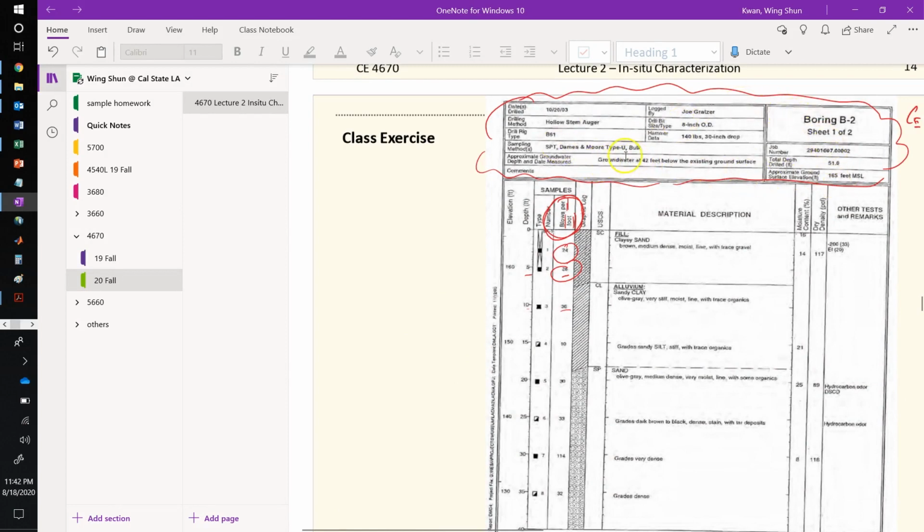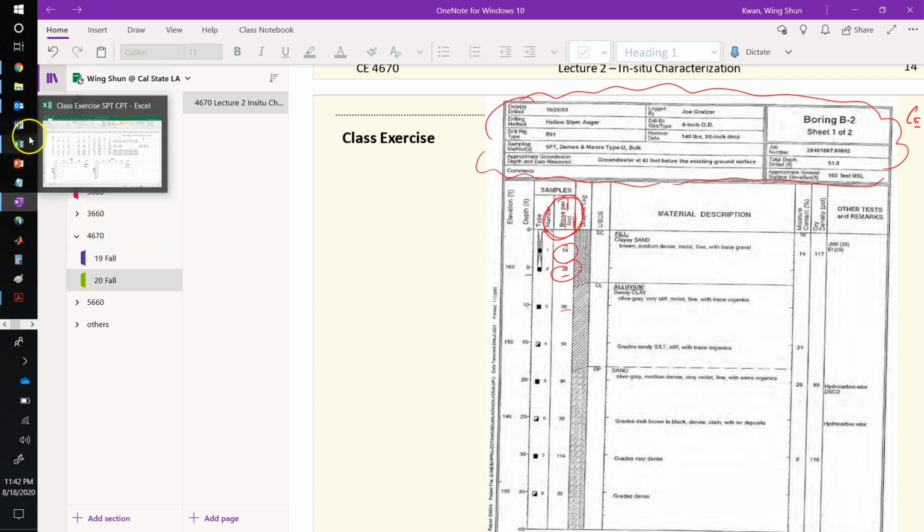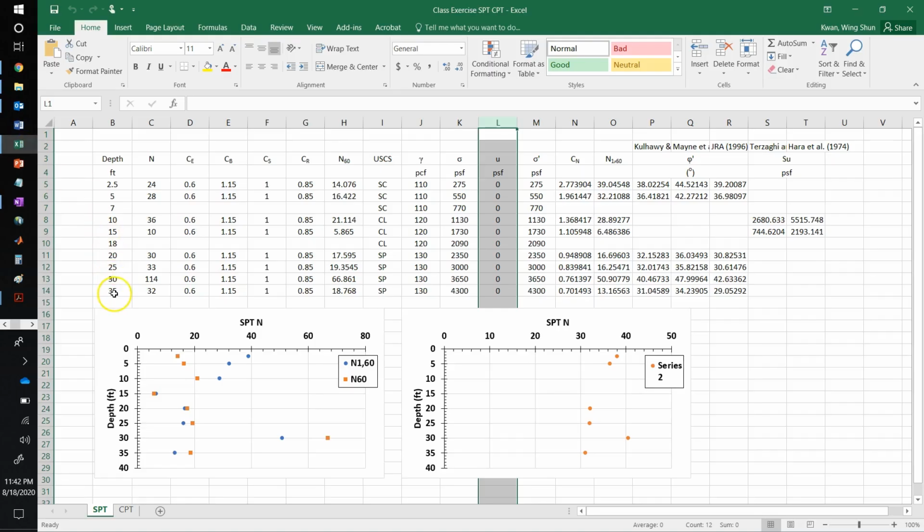Here, say the groundwater table is at 22 feet below the ground surface. So you know that the groundwater table is greater than 42 feet, and the information we have is only up to 35. So you know that no groundwater was encountered for this borehole up to the depth of 35 feet. So you know the water pressure is 0.